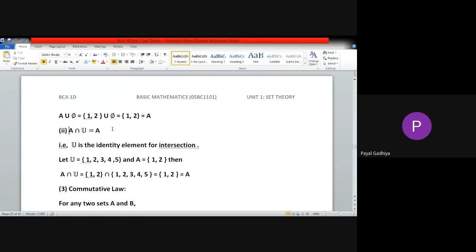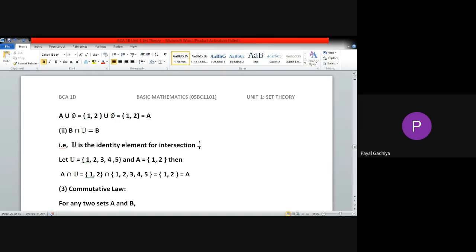B intersection universal set will again be B. So intersecting with the universal set will not change the answer.